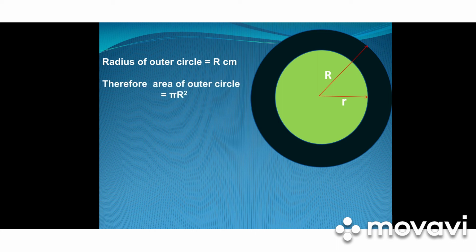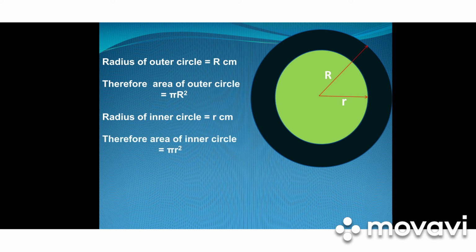Here, what do we have to find? We have to find the area in between the two circles, which equals the area of the path. So for that we will approach it like the square. First, the radius of the outer circle is R centimeters. Therefore the area of the outer circle is pi R square. The radius of the inner circle is small r centimeters.